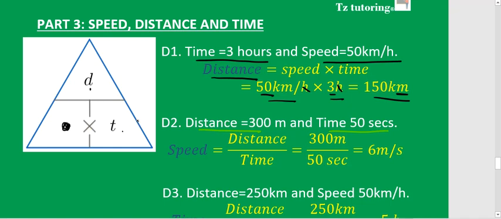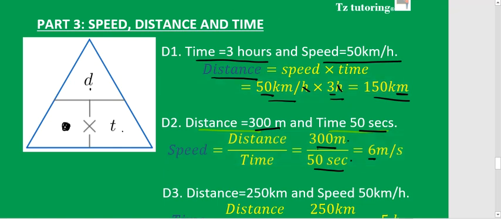If you use your DST triangle, your speed is distance over time, and of course your distance is 300, and your time is 50 seconds. Okay, so 300 divided by 50 will give you 6 meters over the second. So meters per second is how you would indicate your speed. Okay, I hope that makes sense.